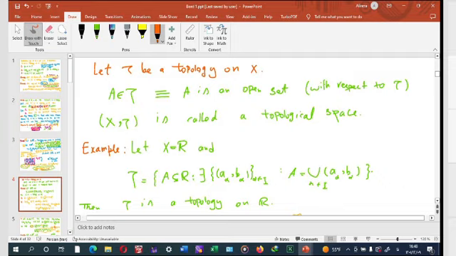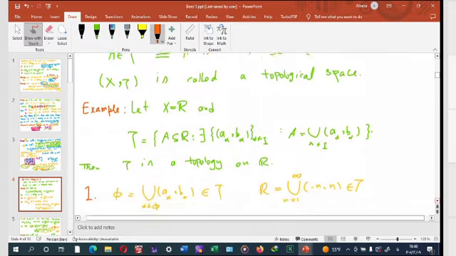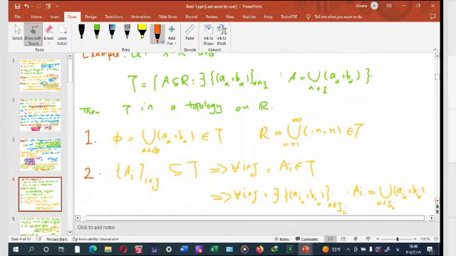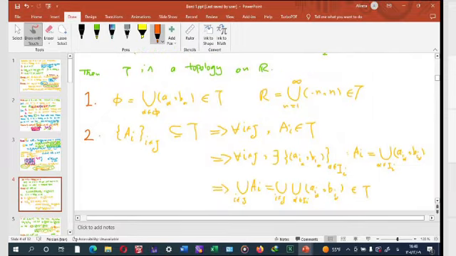this is the Euclidean topology on R: the set of all subsets A of R such that A can be written as a union of open intervals. Okay, I write the proof of this again for you.